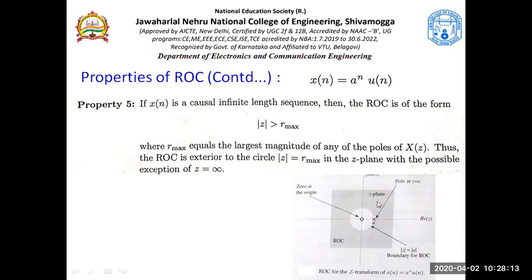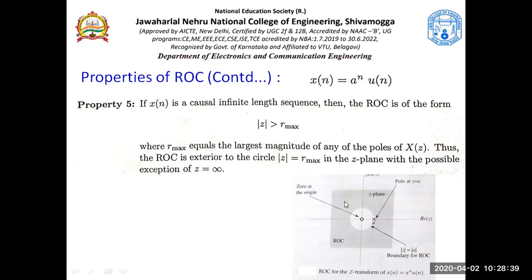So this is the example that you need to consider for reference. This is an example for which we have plotted the region of convergence, and this is the generalized statement.